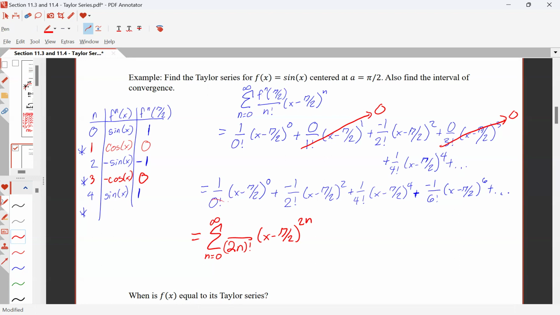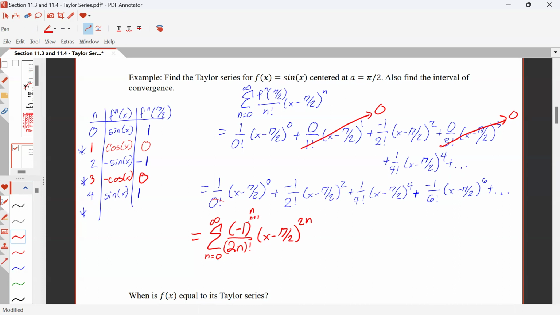The last thing is just, how do I get these numerators? What the numerators are doing is they're alternating. That's a -1 to something piece. So that is a -1 to, it's either going to be n or n plus 1. You want to figure out which one that is.